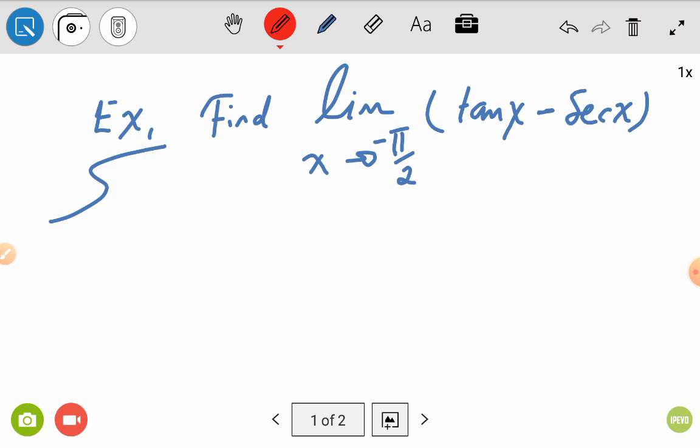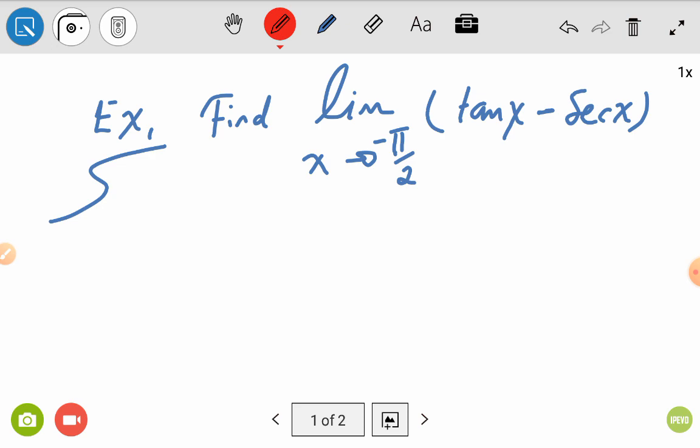It will be tan negative pi over 2, which is undefined, because we have a vertical asymptote at negative pi over 2, minus secant, which is 1 over cosine, and 1 over cosine of negative pi over 2 is 1 over 0. So this one is undefined.